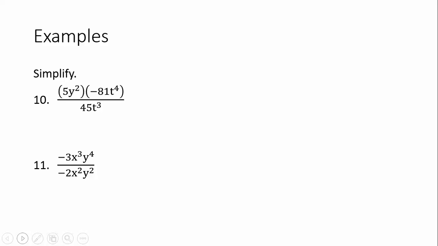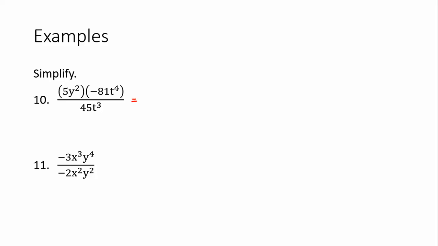Here's another example 10 here that gets a little more complicated. We want to clean everything up where we can. We need to do some canceling with coefficients. There's multiplication that's occurring on top. And really you can deal with this one of two ways. I like to multiply everything together on top. Then I'm just dealing with one coefficient in a set of variables.